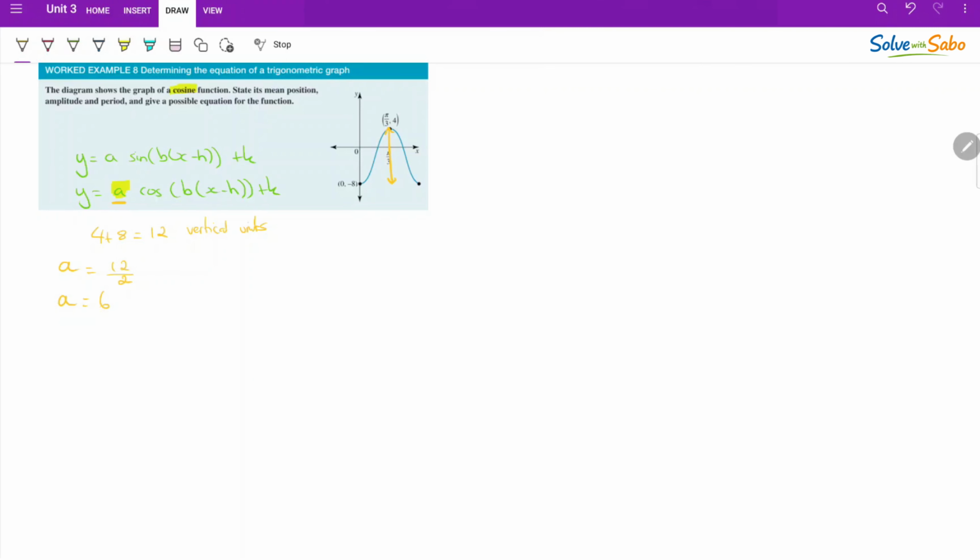Now, let's also continue to think about this a value, and I'm going to think about what a normal base cos function is. I'll quickly sketch that up on the right. A normal base cos function, if I was looking at y equals cos of x, it's going to start at 1, go down, and back up. So we'd be starting at a maximum.